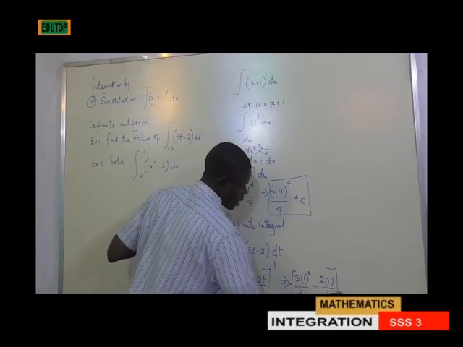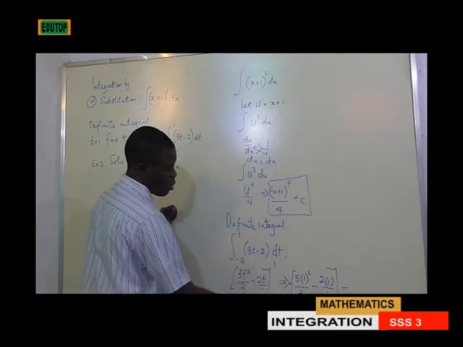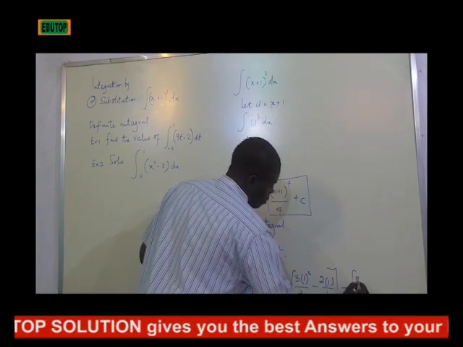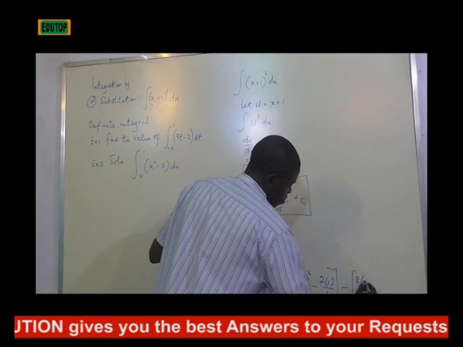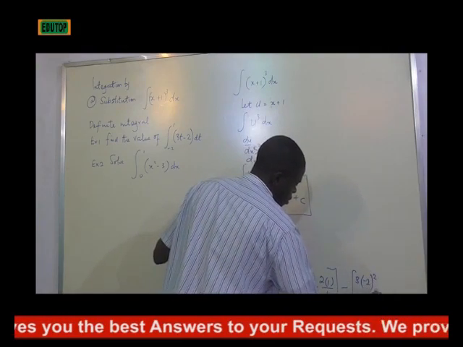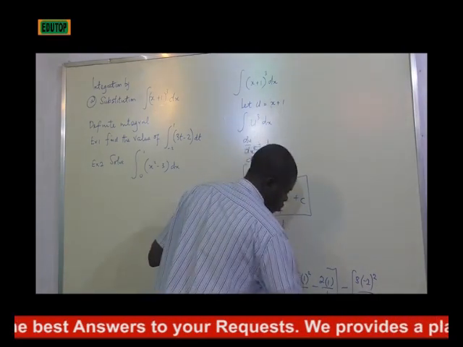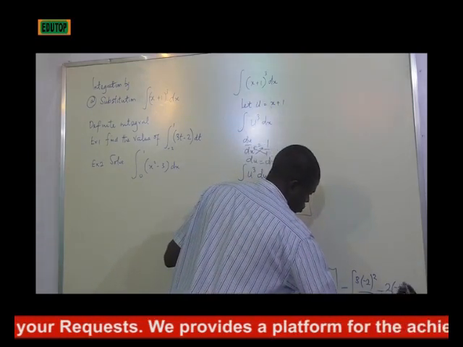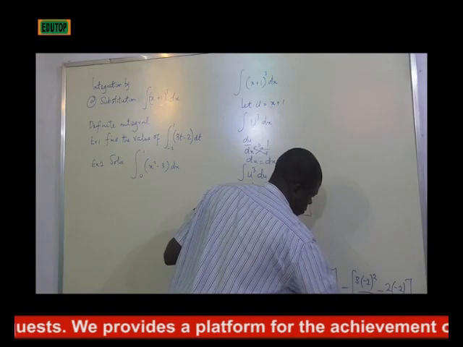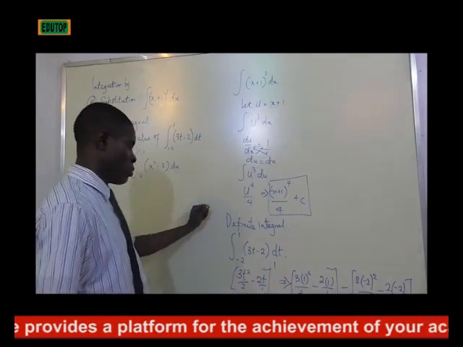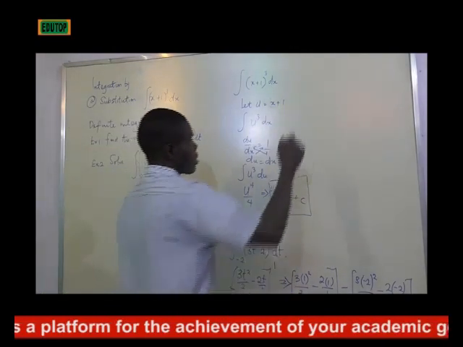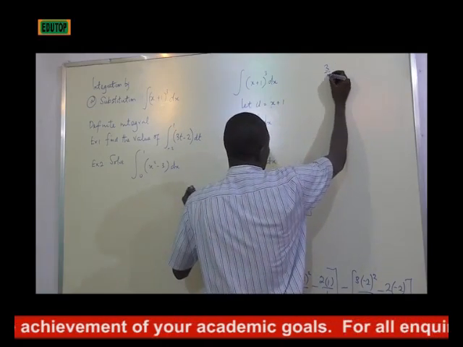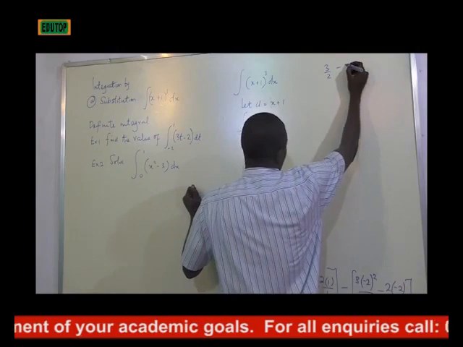You put it in a bracket and subtract from it what you get when you replace t with minus 2, and that will be 3 into minus 2 squared over 2, minus 2 into minus 2 over 1. So here, this one becomes 1 squared, 1 times 3, 3 over 2 minus 2 over 1.